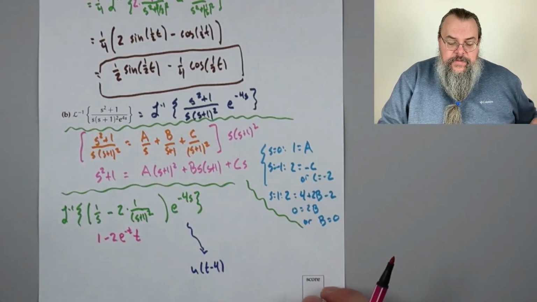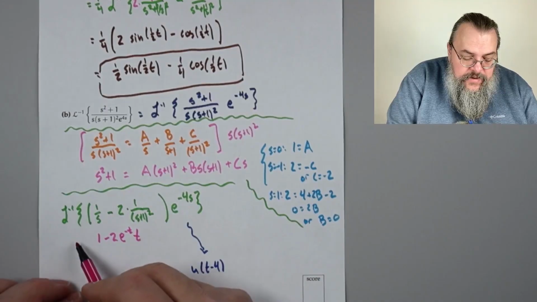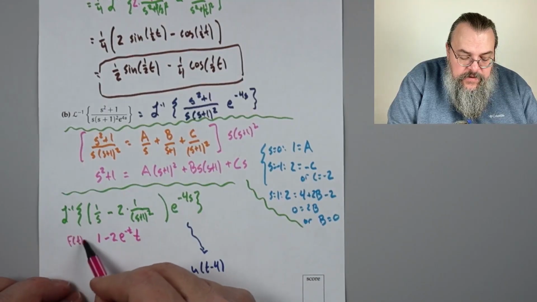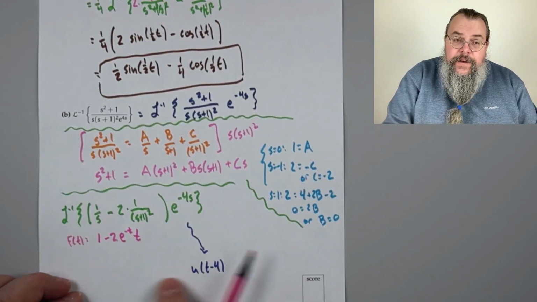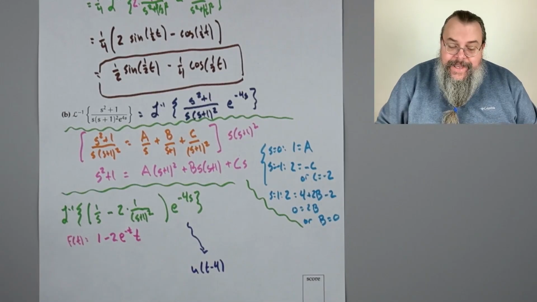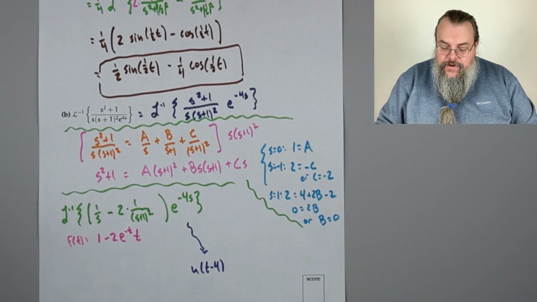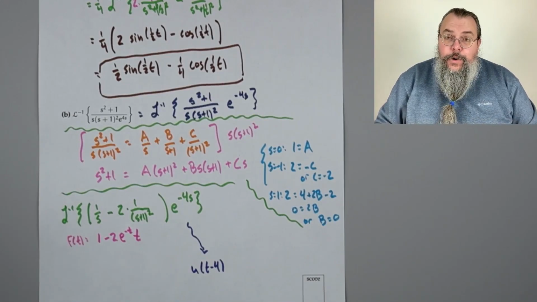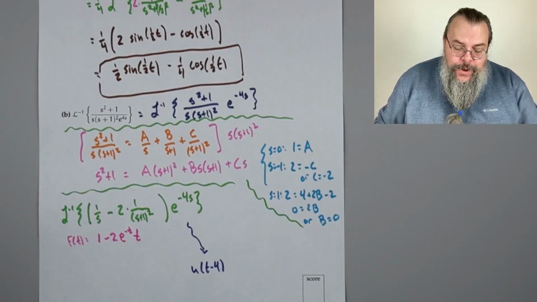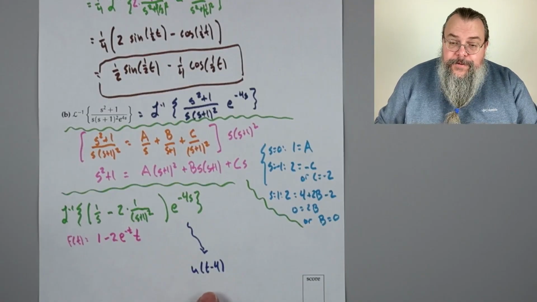Now, this part right here, this is our f of t right now. We want to have f of t minus a. So we say, all right, everywhere we currently see a t, we put in t minus 4.